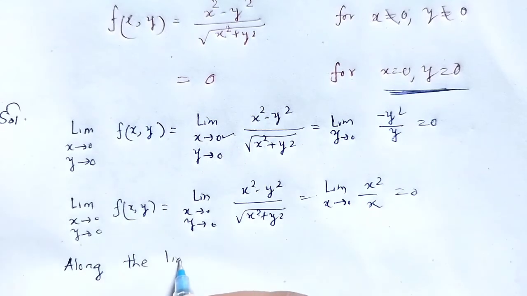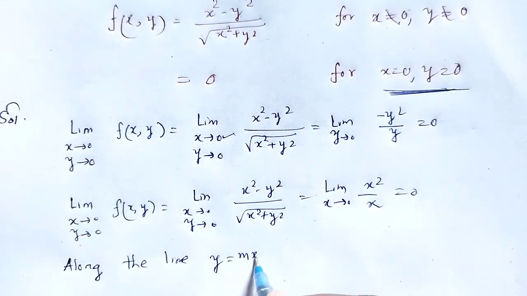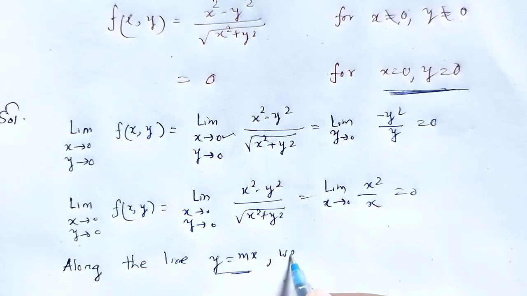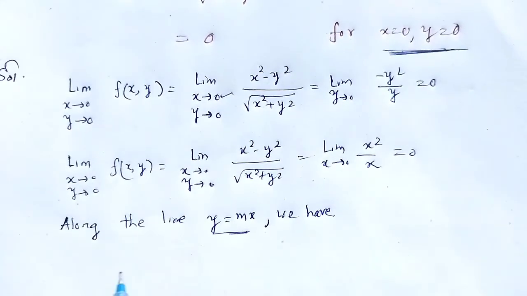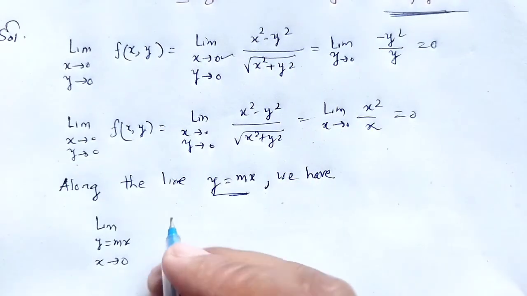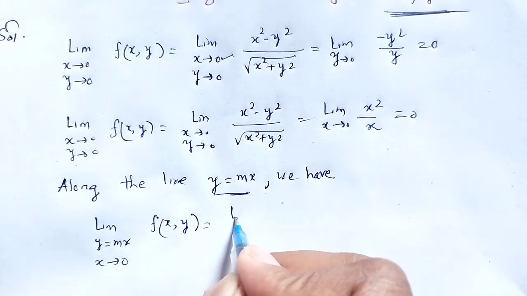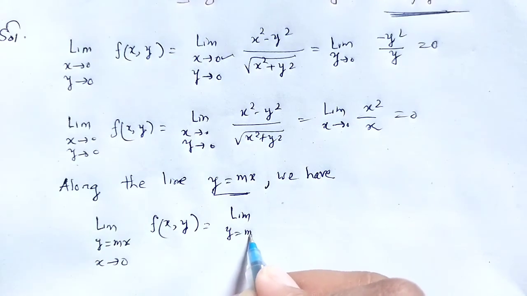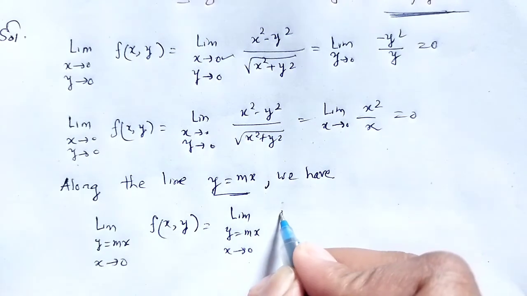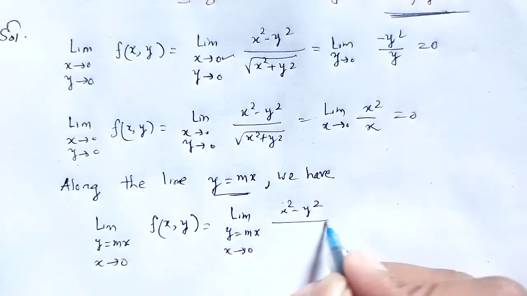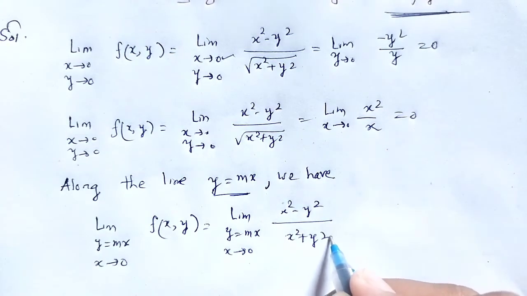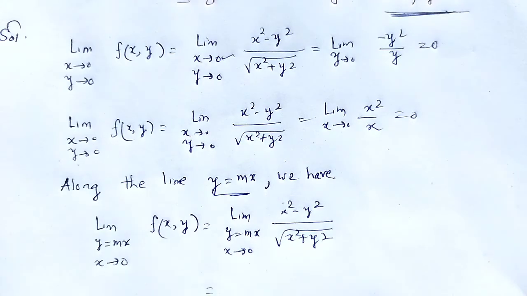Along the line y equal to mx, that is the equation of a line, we have limit y equal to mx and x tends to 0, of the function f of xy, x square minus y square divided by the square root of x square plus y square.